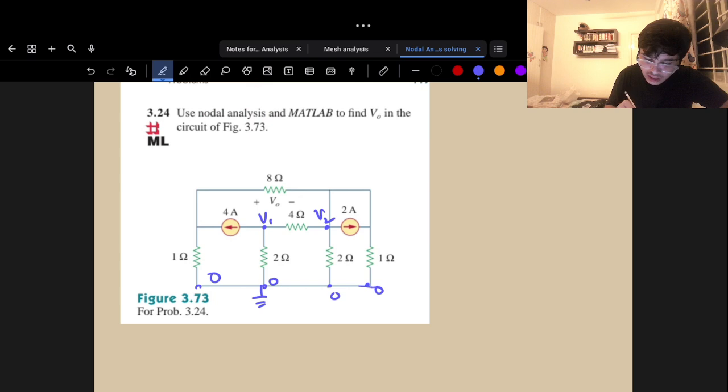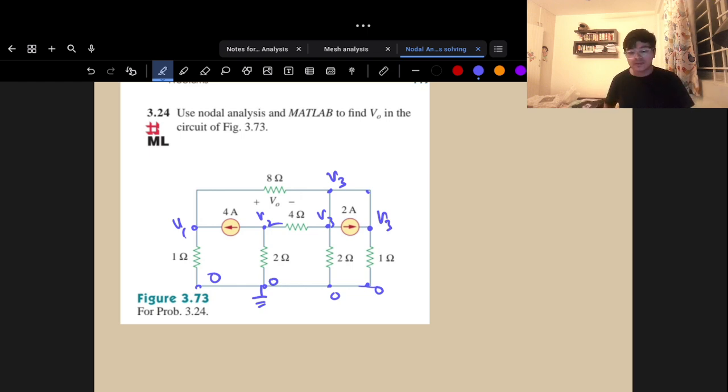Let me go chronologically. This is my V1, this is my V2, and this is my V3. Since this is V3, this will also be V3, and this will also be V3. So essentially these two are electrically equivalent nodes.